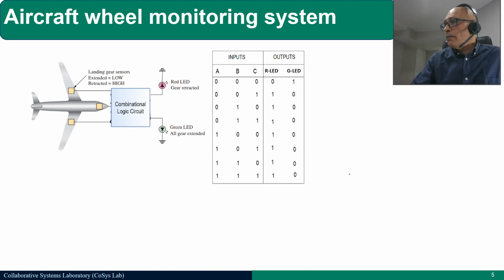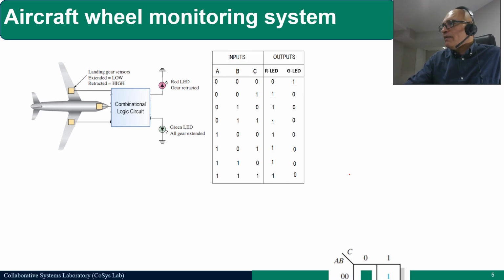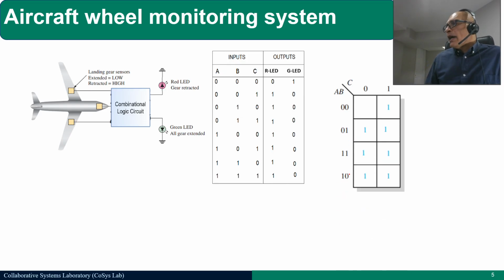Based off this truth table, we can write a Karnaugh map. The Karnaugh map for 3 variables is like that. This Karnaugh map is for red LED. How can we write that? Here is 0 because 000 is 0 and the rest are 1.